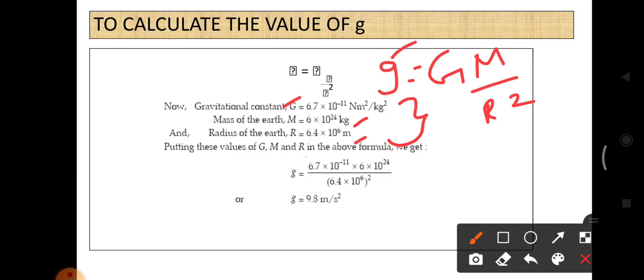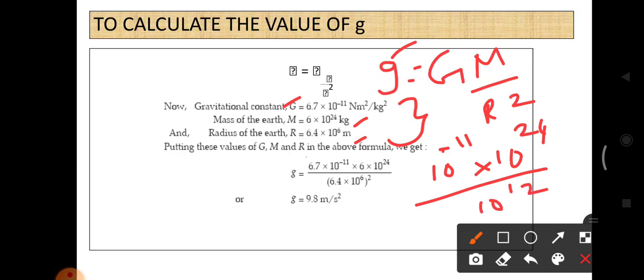So small g equals 6.7 into 10 power minus 11 into 6 into 10 power 24, by 6.4 into 10 power 6, whole square. Now see the powers: 10 power minus 11 into 10 power 24. In the denominator, 10 power 6 squared gives 10 power 12.